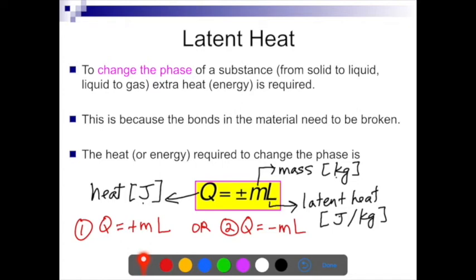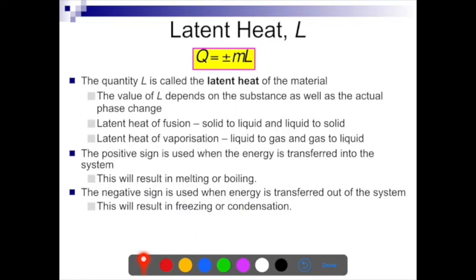Okay, now let's talk about latent heat in more detail. Latent heat, as we've seen in this equation, is given the symbol capital L. And the value of latent heat depends on the substance as well as the actual phase change.